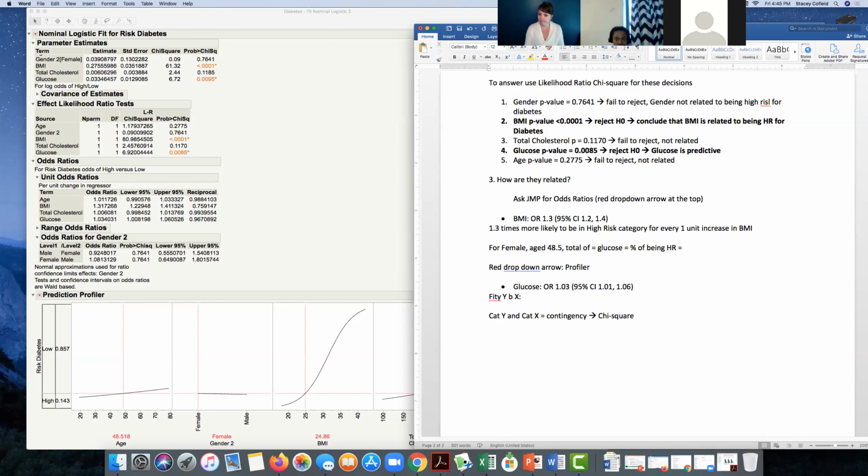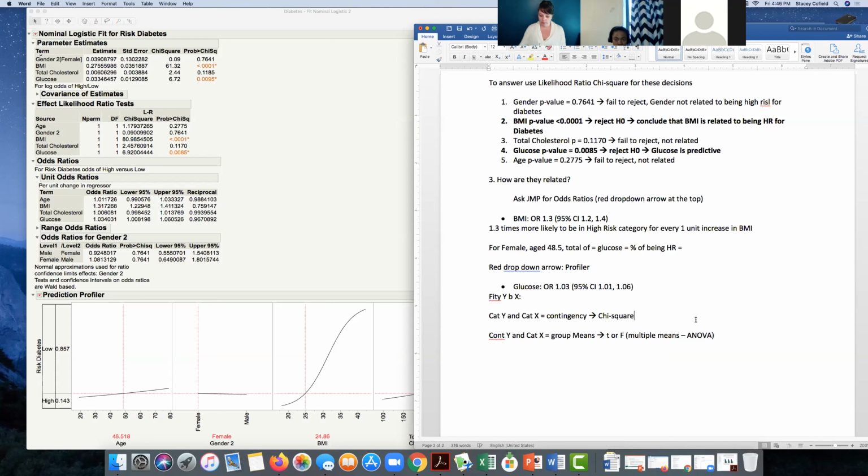If I have a continuous y and a categorical x, that's group means. That's a T or F. An F test for multiple means, that's ANOVA.